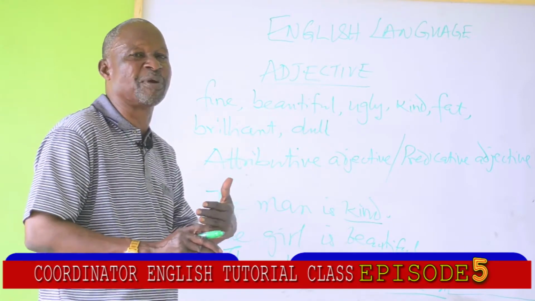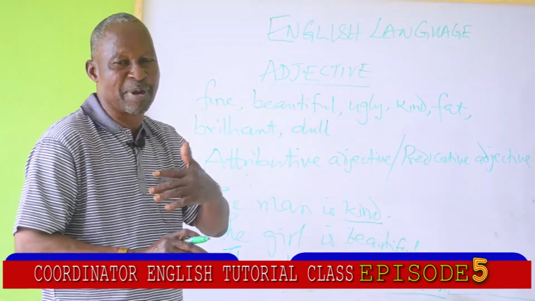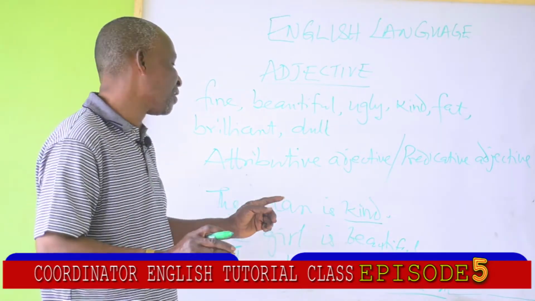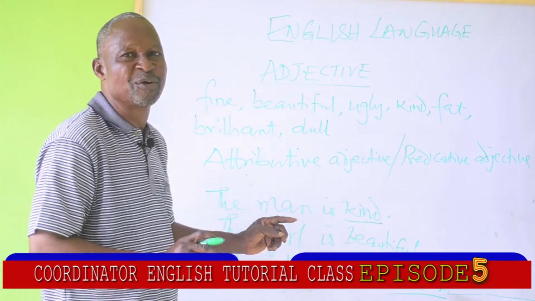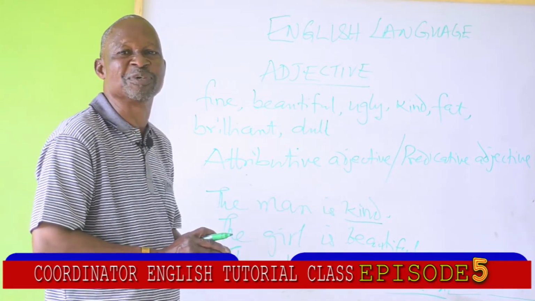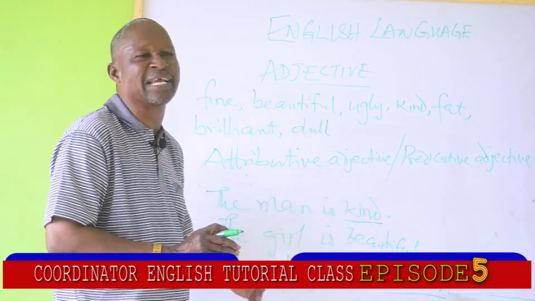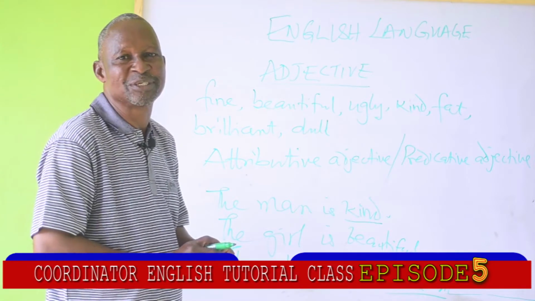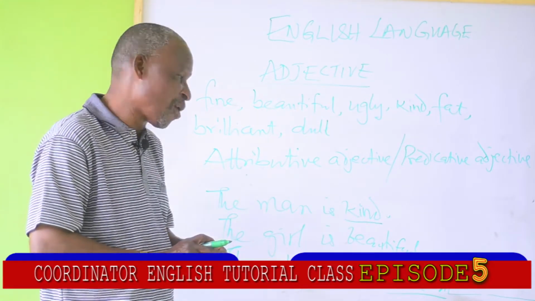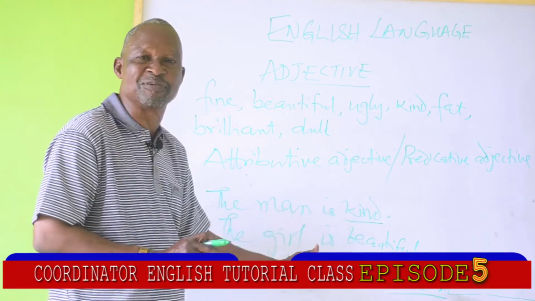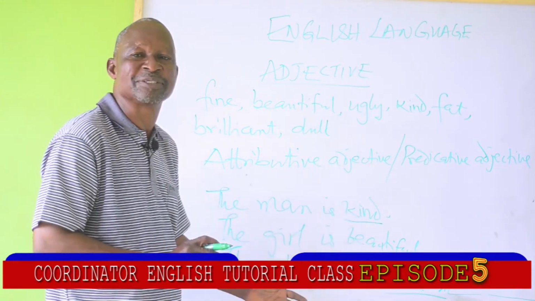We can remove kind from he is a kind man, just to have is a man, simply. We cannot remove kind from the man is kind. Because if you dare remove kind, the man is what? Is an incomplete statement. So kind there, or in the second case, the girl is beautiful.